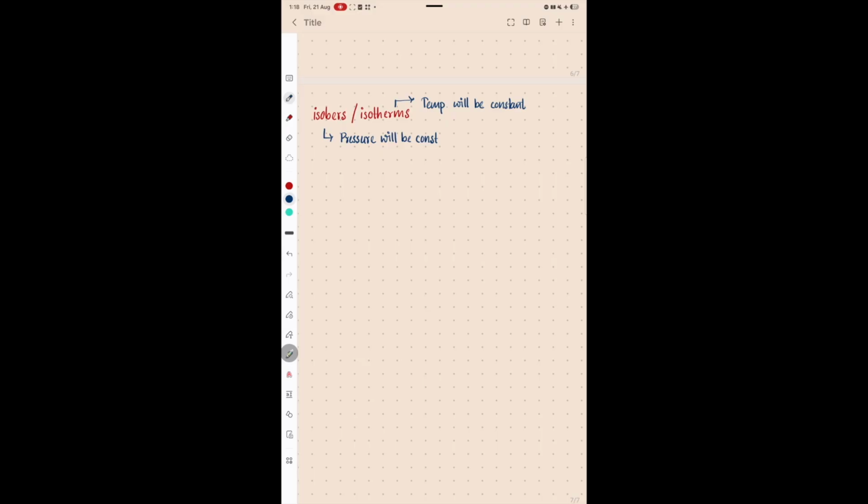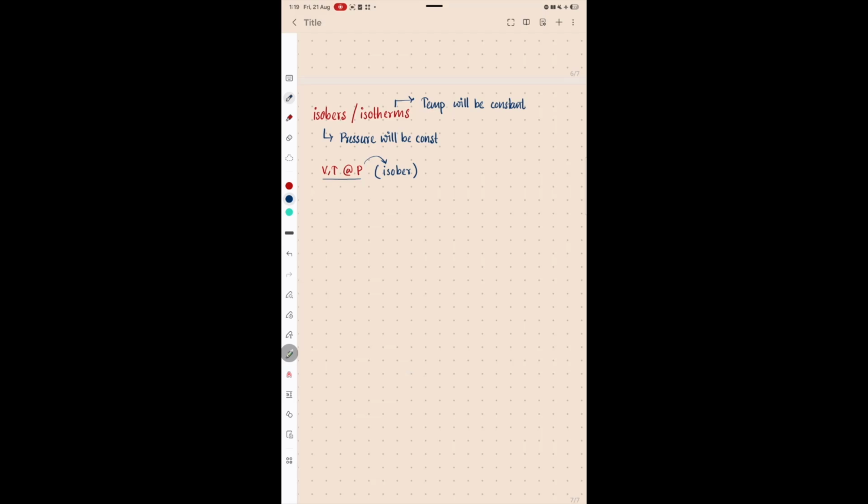So now, if I plot a graph between volume and temperature at constant pressure, what will this be called? This will be called an isobar, right? Because the pressure is constant.